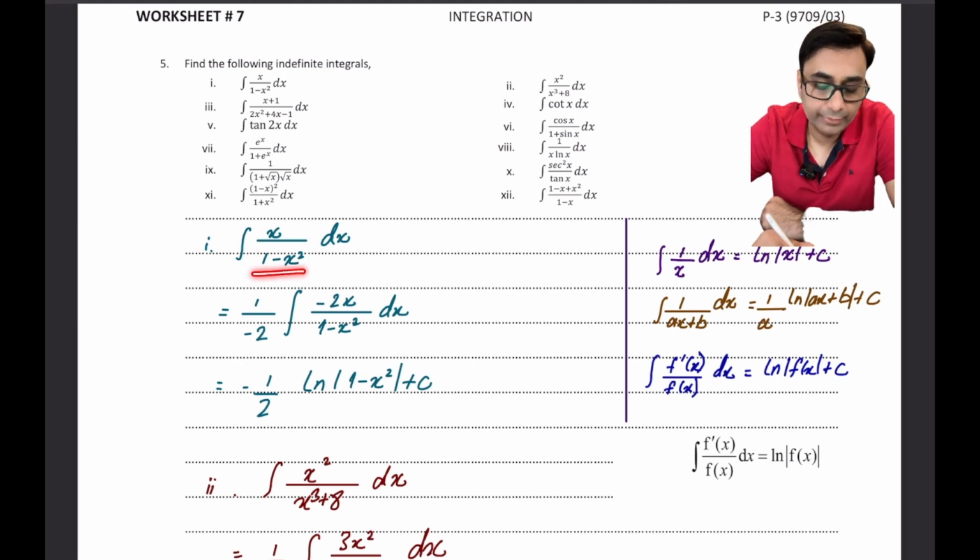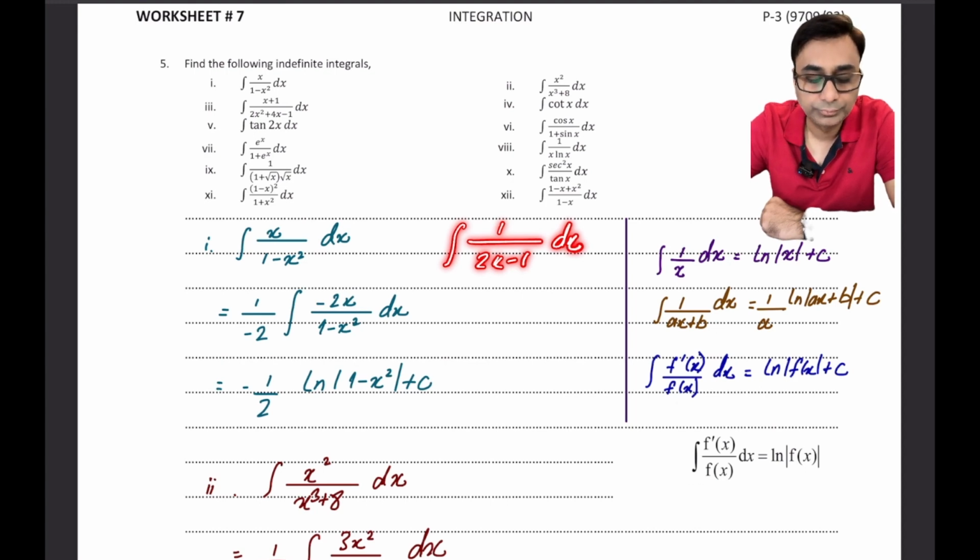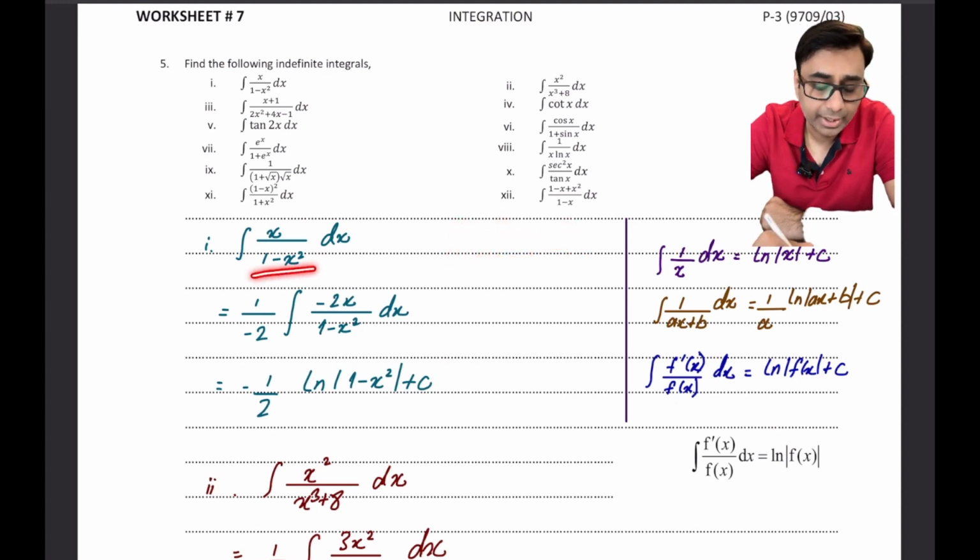I could do that directly if there was a linear function, like, for example, if I had 1 upon 2x minus 1 dx, I could do that integration directly. But here I have 1 minus x squared and x in the numerator. So what I'm going to do over here is that I will compare this with this function, and then I will see what is its derivative.